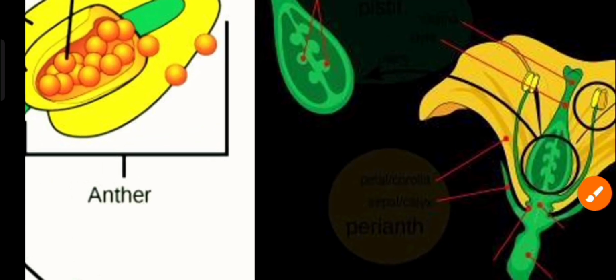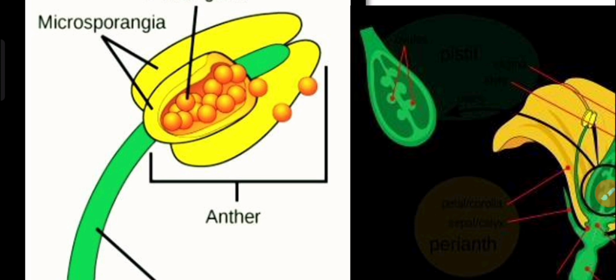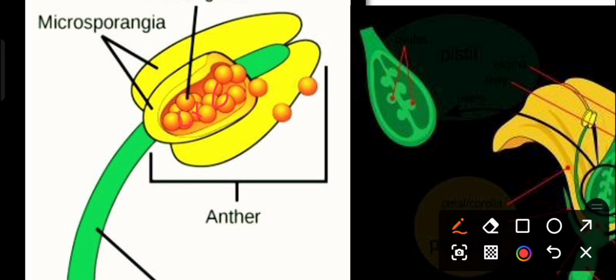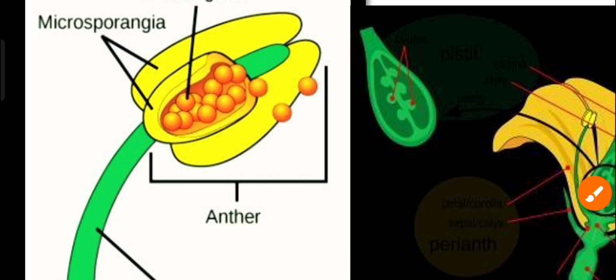Inside the anther we can see so many pollen grains. Those pollen grains are helpful for reproduction.